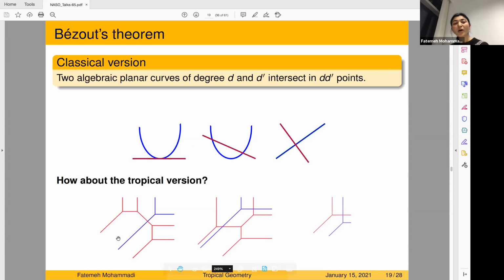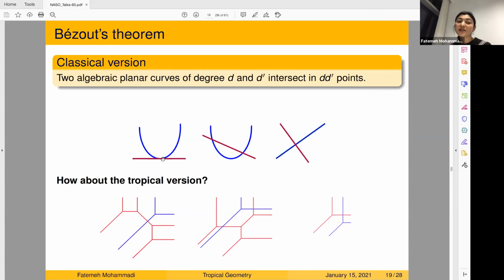Now by generic, in the classical setting, I don't want to have just one intersection point. Non-generic here would be such a line intersecting in one point, but when it's touching, you would count it with multiplicity 2 in algebraic geometry, right?